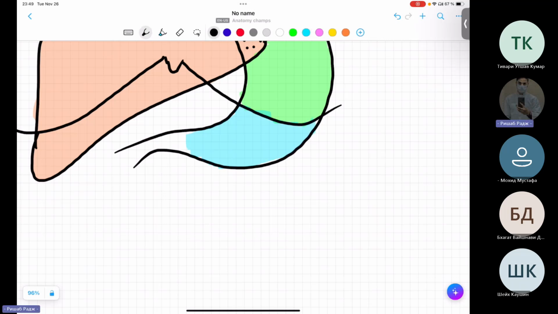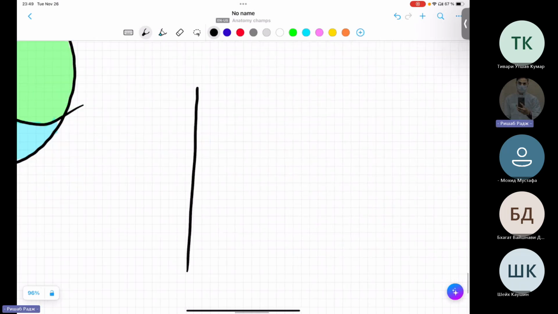This is the reason why when there is some surgery we have to perform, this is your abdominal wall and this is your stomach. So if you go from here, you will have liver and everything. But if you go from here, you just have abdominal wall and you can just pierce it.